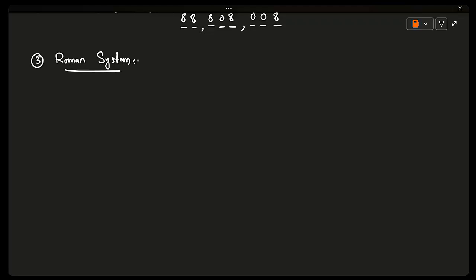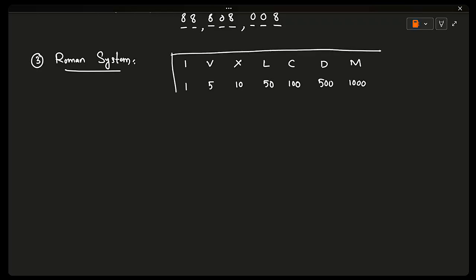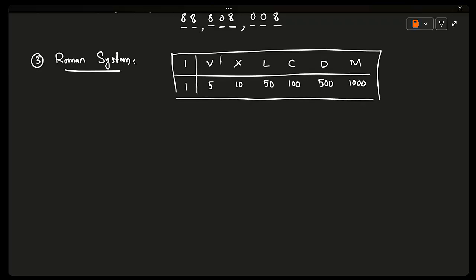In the Roman system, the symbols used are I, V, X, L, C, D, and M. So you should remember the numbers. I means 1, V means 5, X means 10, L means 50, C means 100, D means 500, and M means 1000. So this you have to remember: I, V, X, L, C, D, M.